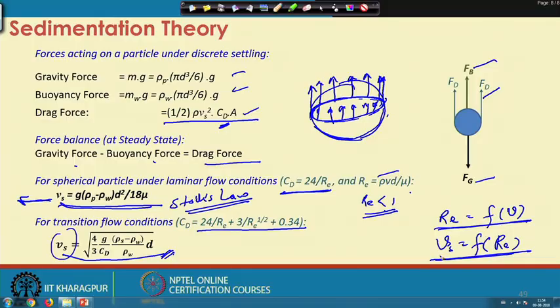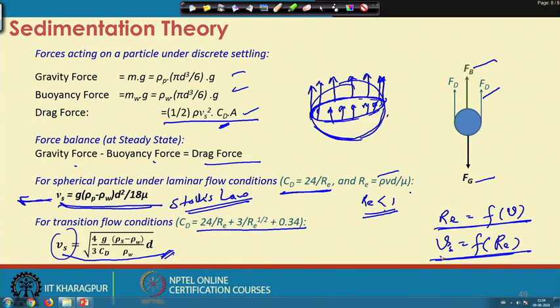Let us say we started with Stokes law and determined the settling velocity for a given size of particle. Once we know the settling velocity, we compute the Reynolds number, and if we find that the Reynolds number is less than 1, then the estimate of the velocity is correct.